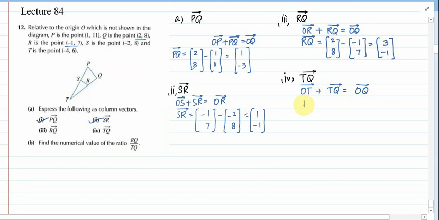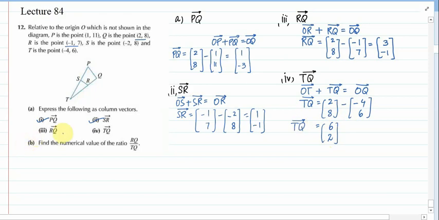We need to find TQ. OQ is what? OQ is (2, 8) minus OT, which is (-4, 6). Right? So 2 plus 4 is 6, and 8 minus 6 is equal to 2. So that is the vector TQ.